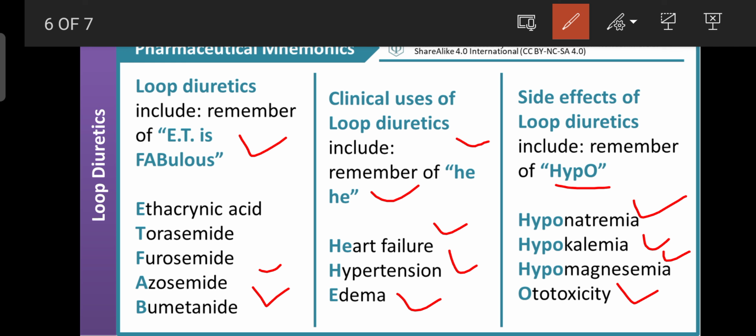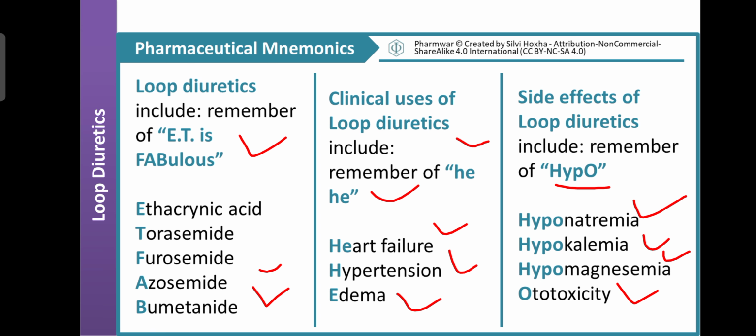Otherwise, that person may suffer from myalgia due to loss of sodium and calcium in the skeletal muscle. Due to that, the muscles do not contract properly, and then the person suffers from muscular problems. So this is regarding the pharmacokinetics as well as the mnemonics of the loop diuretics.